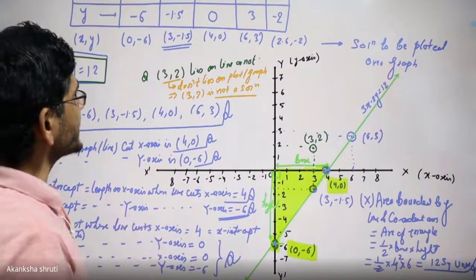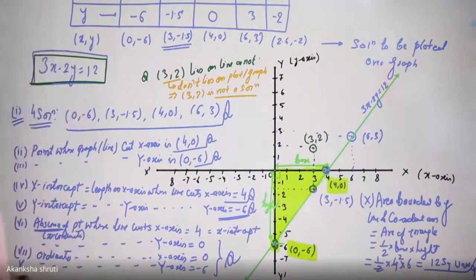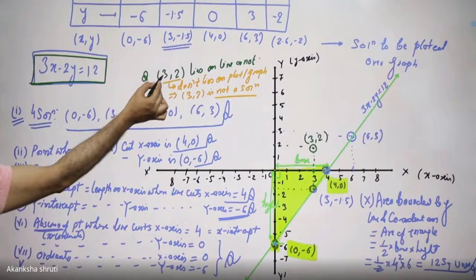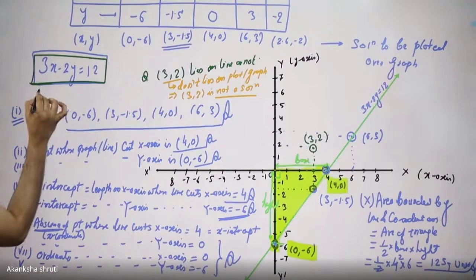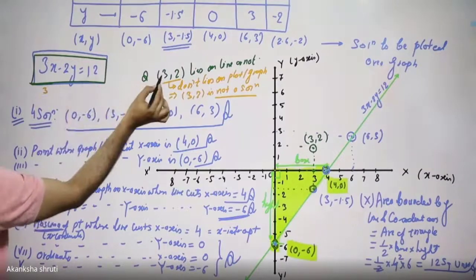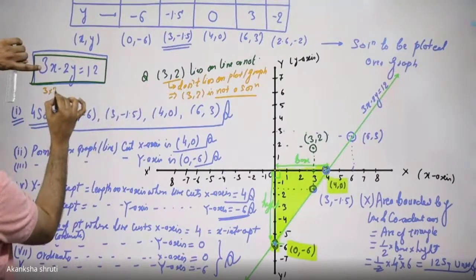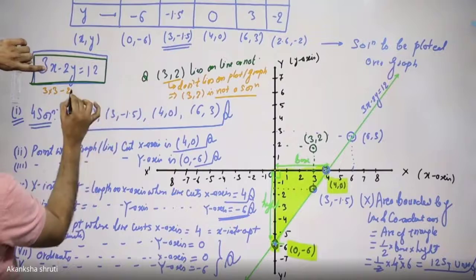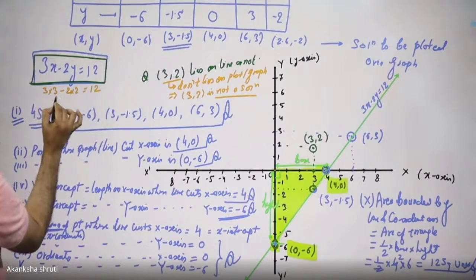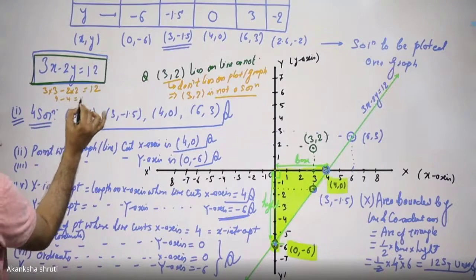Even this solution can also be checked by the algebraic method. So that can be verified also. Students, for verification, what we were doing, we were substituting it here. Even last day I had explained: x value is 3, so 3 times 3 minus 2 times the y value 2 is equal to 12. On simplifying, it becomes 9 minus 4 equals 12.